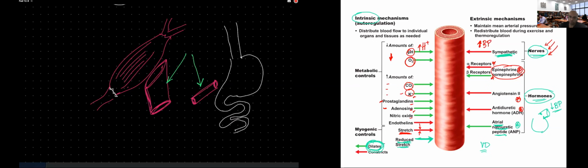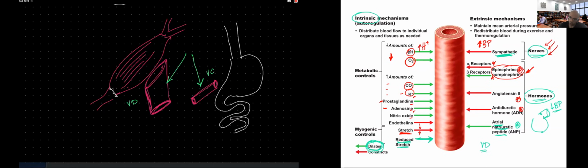So in case of activation of the sympathetic nervous system, stimulation of the adrenal medulla of the adrenal gland, what's going to happen? Epinephrine and norepinephrine are going to get released, and they are going to be performing both constriction and dilation according to which organ they are affecting.